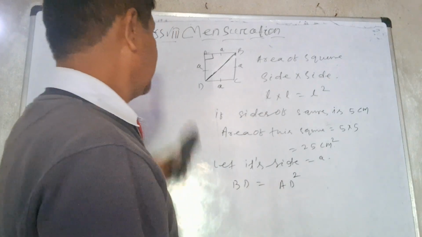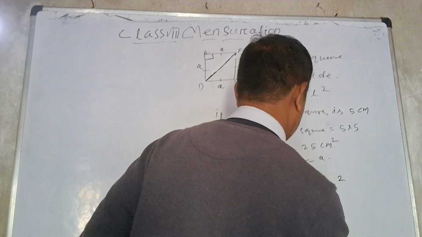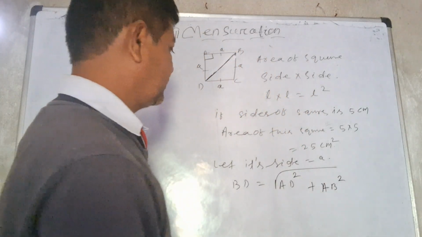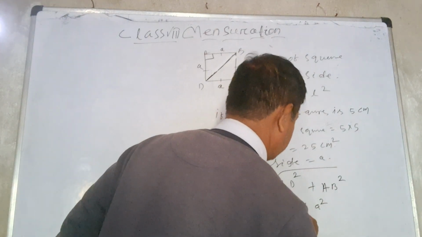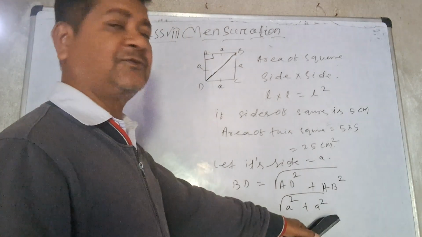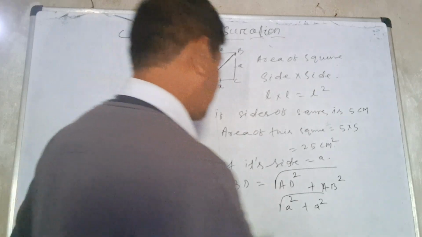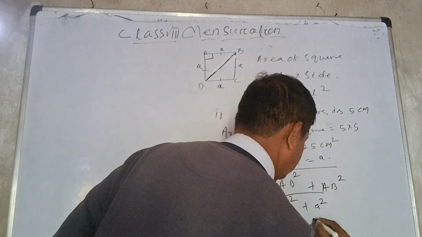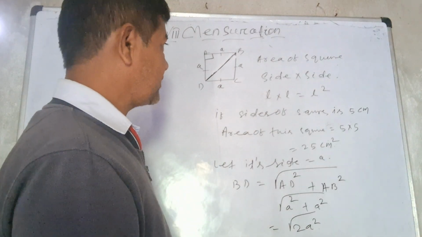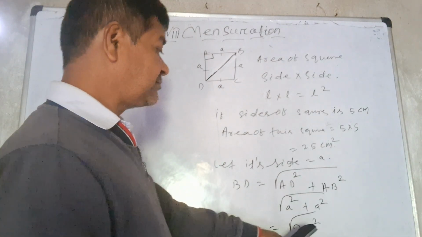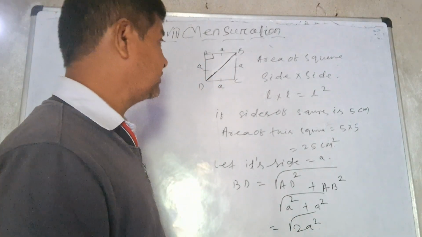Then BD equal to square root of AD square plus AB square, equal to square root of A square plus A square, equal to square root of 2A square, which is A and root 2.